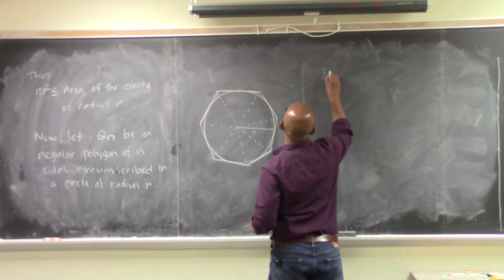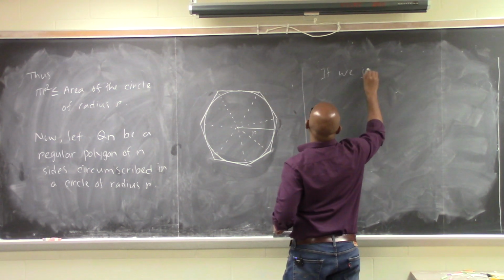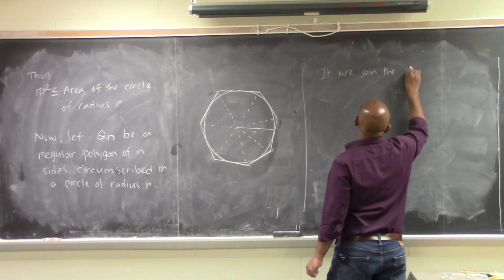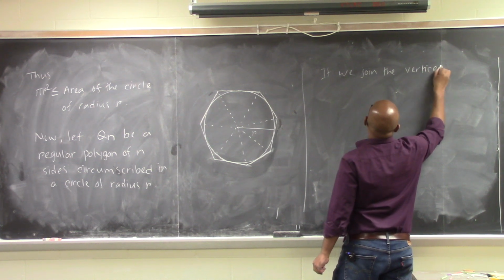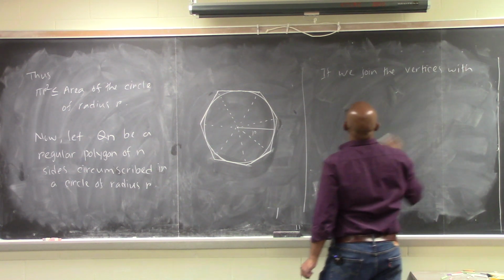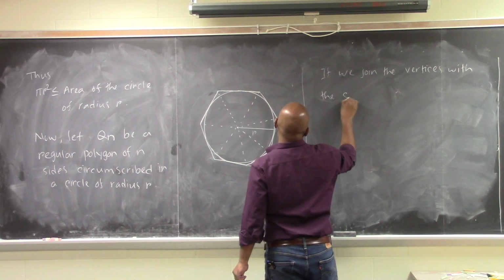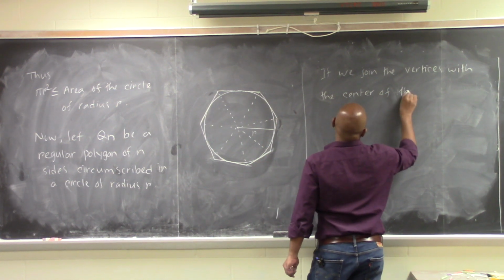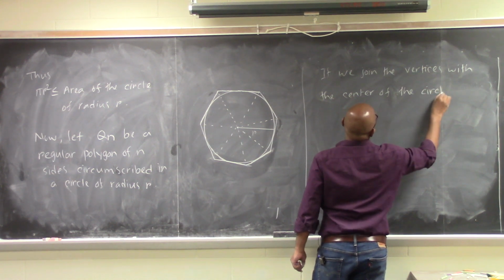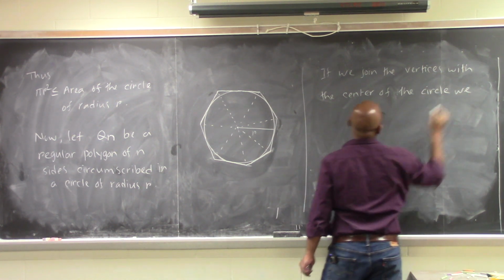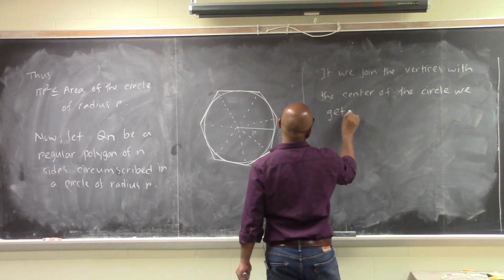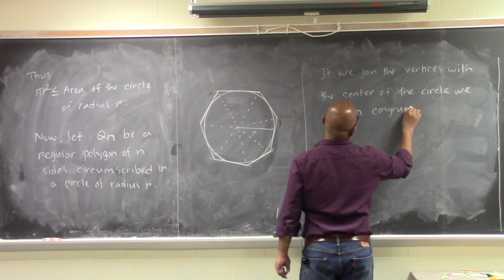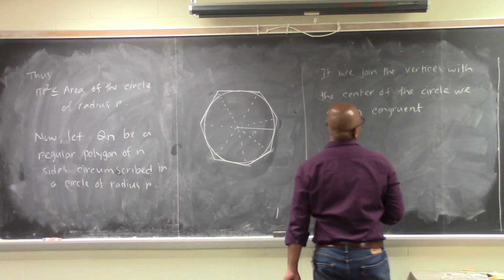If we join the vertices with the center of the circle, we get n congruent triangles.